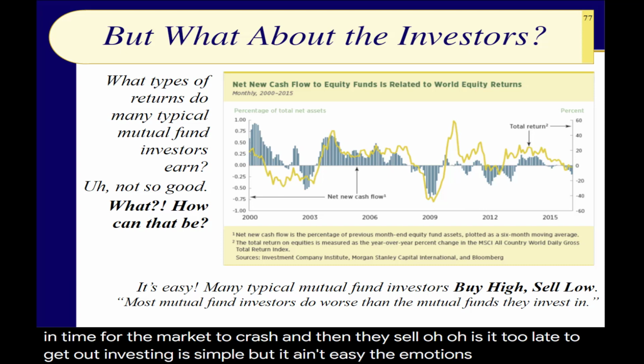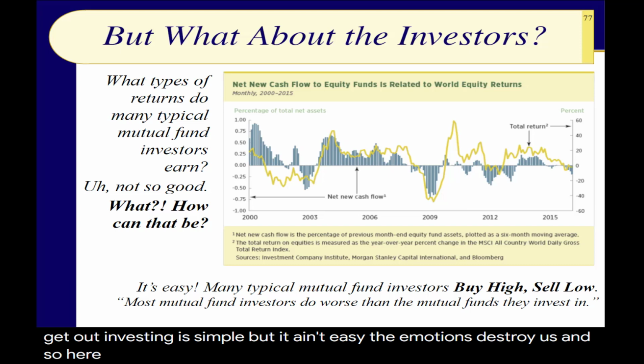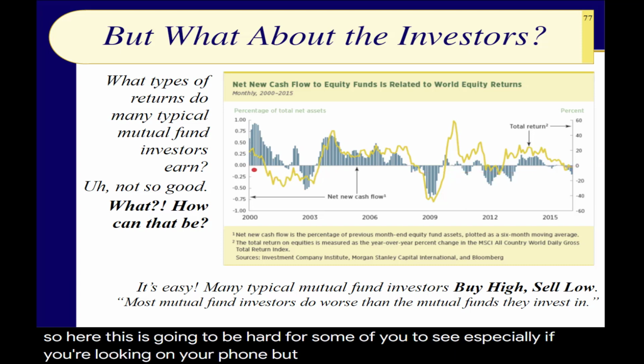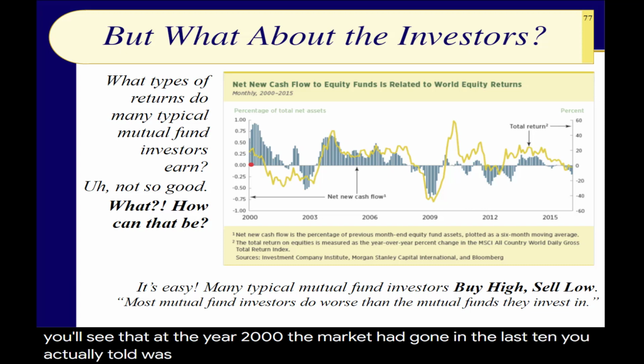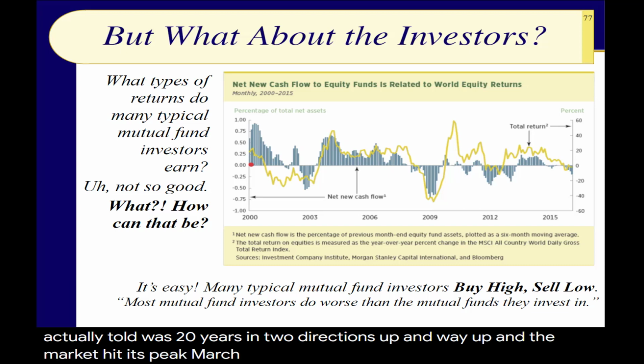The emotions destroy us. This is going to be hard for some of you to see, especially if you're looking on your phone, but get to a computer and enlarge it. You'll see that at the year 2000, the market had gone, for the last almost 20 years, in two directions, up and way up. The market hit its peak in March of 2000.